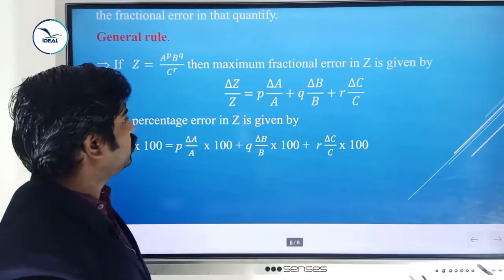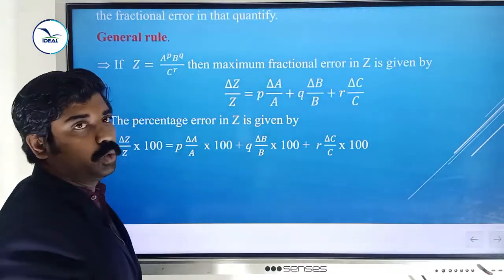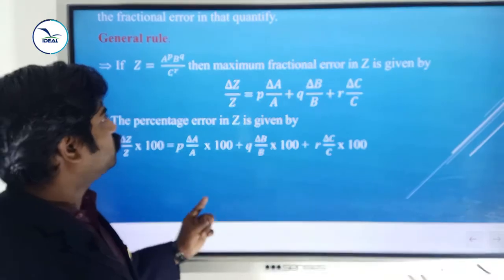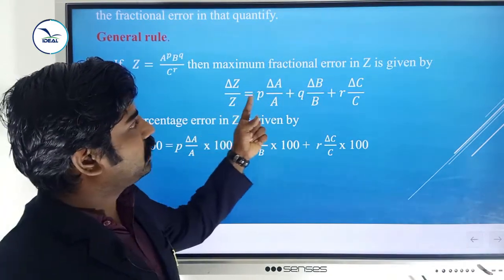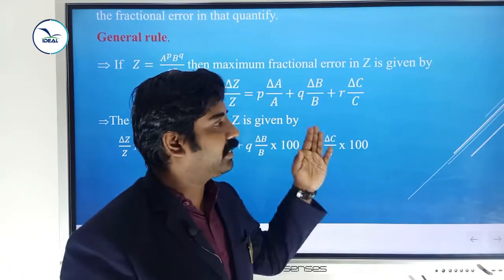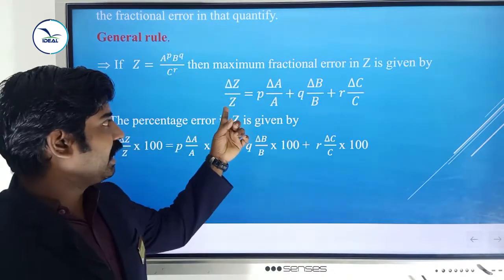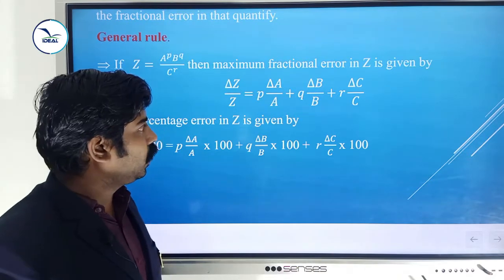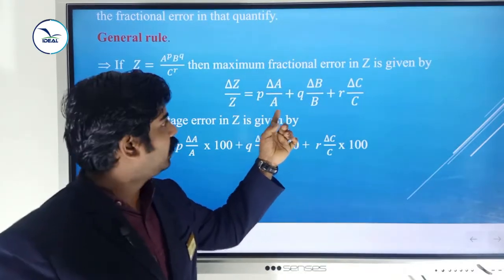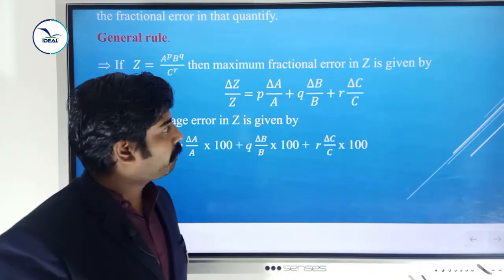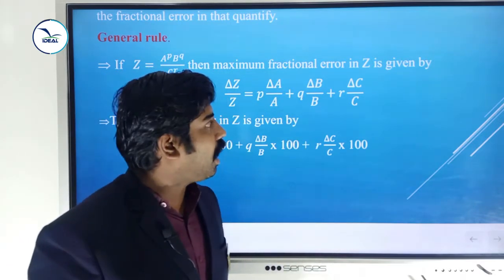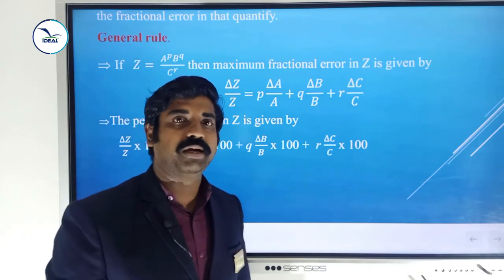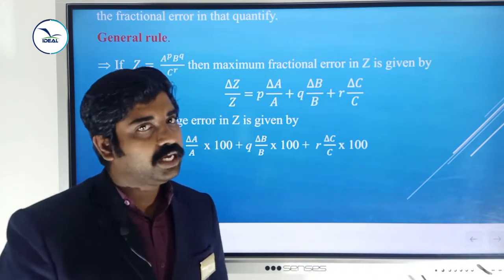If an equation is of the form z equal to a raised to p, b raised to q by c raised to r, then the maximum fractional error in z is given by delta z by z is equal to p into delta a by a plus q into delta b by b plus r into delta c by c. This is a very important equation.